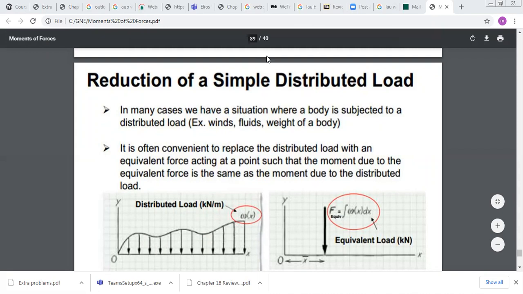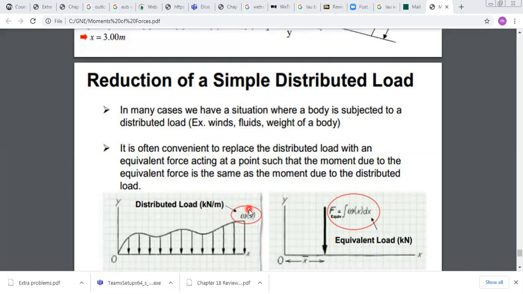If they give it in kilonewton per meter, you know that it's given per unit length, so to find the force, you should multiply by a length. On the other hand, if it is a pressure, they give you the distributed load in kilonewton per meter square, and to obtain the total force, you should multiply by the area.